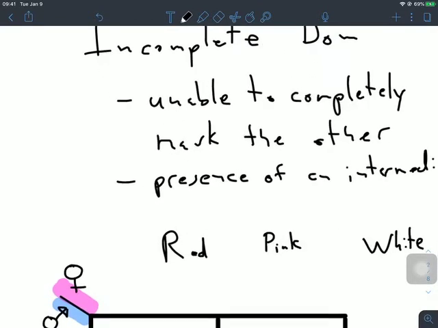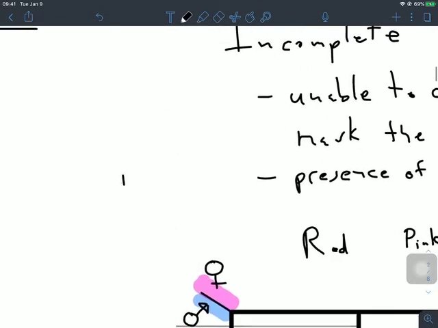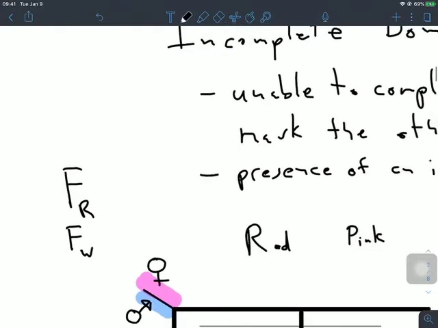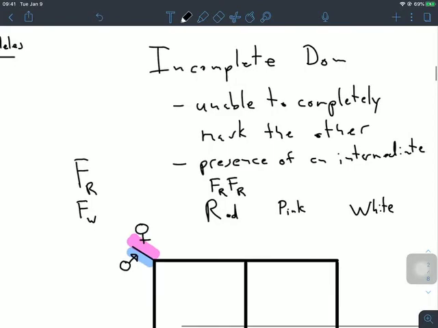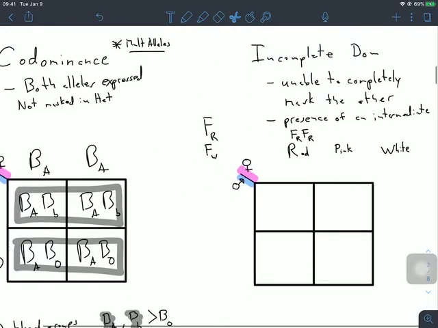Flowers that are red, let's go ahead and define our loci. So F for flower, the red allele is FR, and the white allele is FW. A flower that is red will have the genotype FR, FR. Let's go ahead and move our discussion of flowers to below the box. Sorry about that, y'all.